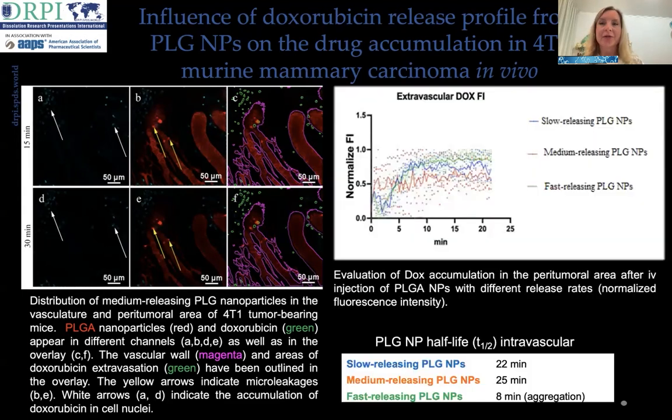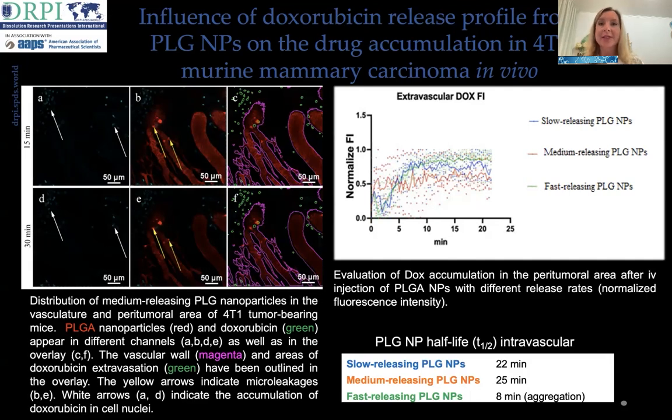The profile of doxorubicin accumulation in the tumor area was assessed for 3 nanoparticle types. A significant difference in nanoparticle half-life was detected. You can see that fast-releasing nanoparticles' half-life was about 80 minutes. That is significantly lower than for medium and slow-releasing nanoparticles.